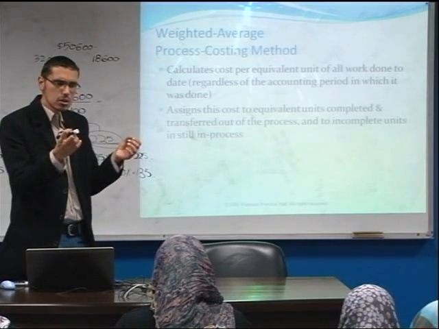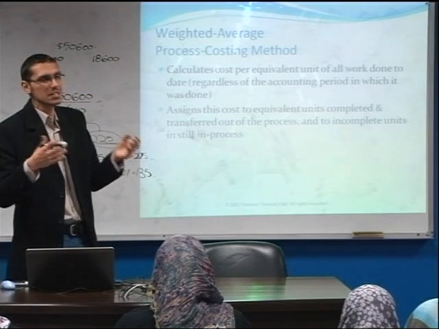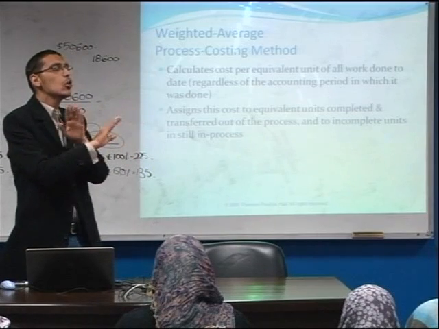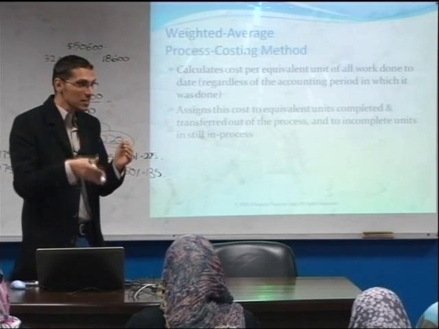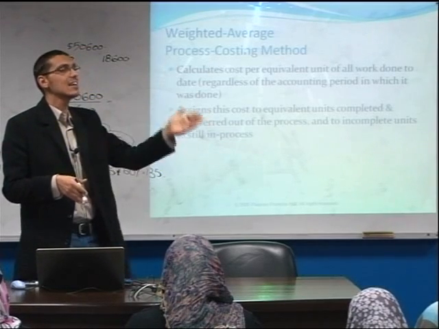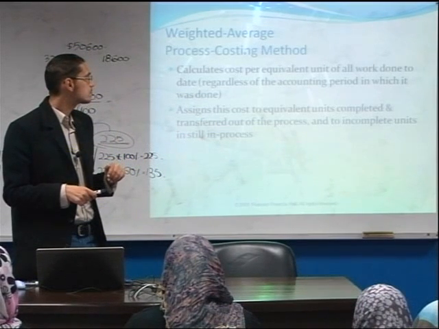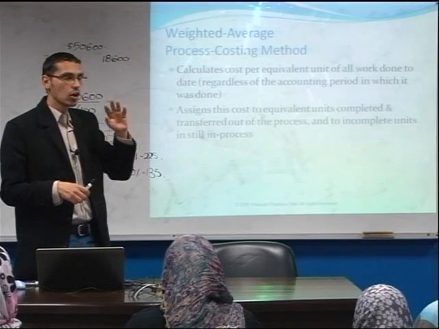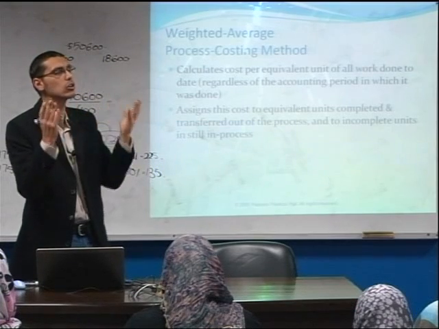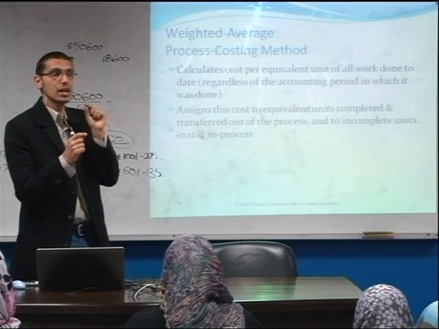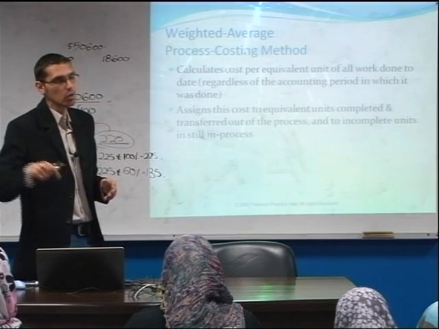The total output for a specific period would be calculated without any separation, whether it was started in this period or in the previous period. Again, according to the costs, we are going to consider the total costs, whether they were incurred in the previous period or within the current period.